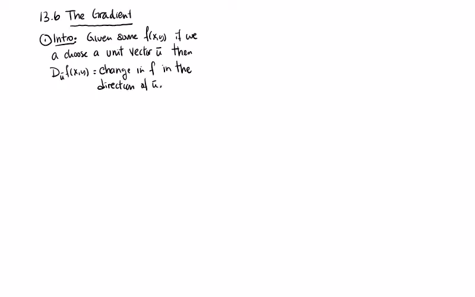But what we'd like to do is reverse the question for now. Instead of giving a direction and getting a change, can we find the direction in which we get the maximum change? So in other words, suppose we want the direction in which the change is maximum.